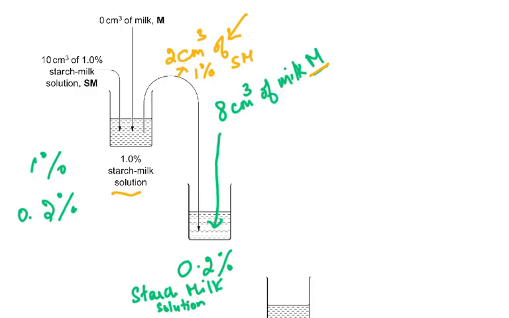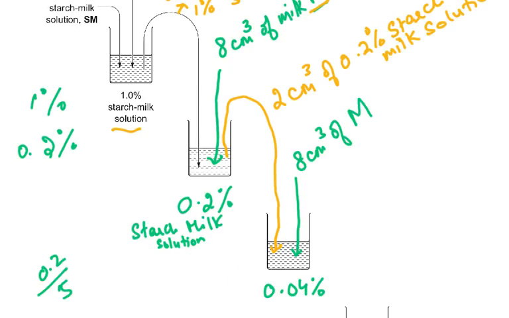Now from this again, you will take out. Out of the 0.2%, you will take out more again. And what will you take out? You have to do it like this, and you keep on doing it from one to the other. Now from 0.2%, when you dilute it 5 times, it will become 0.04%.